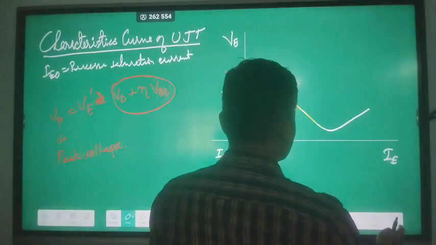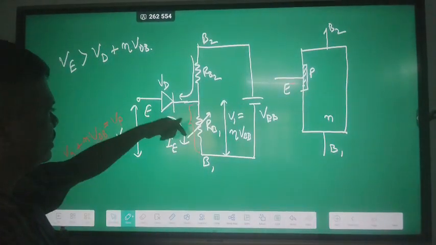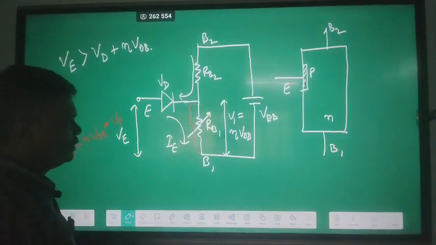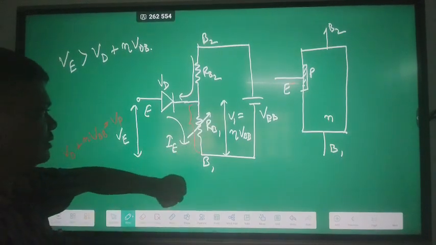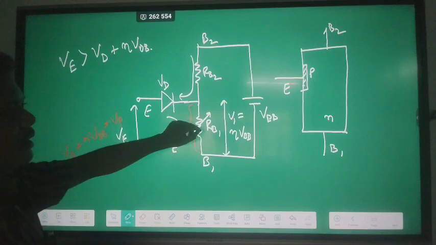Now if the current starts rising because of the injection of the holes and the movement of the majority carriers, conduction will be increasing. As conduction increases, the internal resistance RB1 will start to decrease.